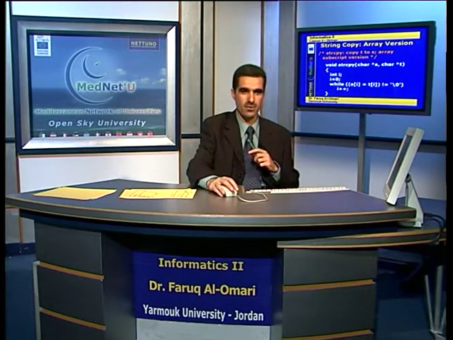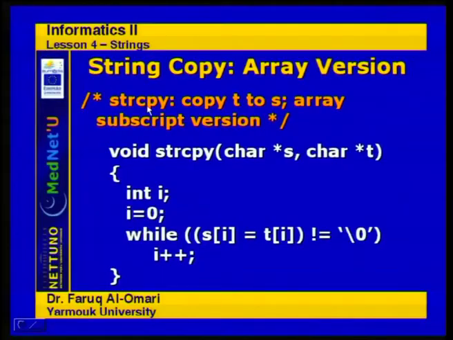Here's the array version. strcpy, copy T to S, and it's the array, basically subscript version. So basically, I'm not going to return anything as an outcome of this function. However, I'm going to copy whatever is in T into S. And that's why I'm passing by pointer.